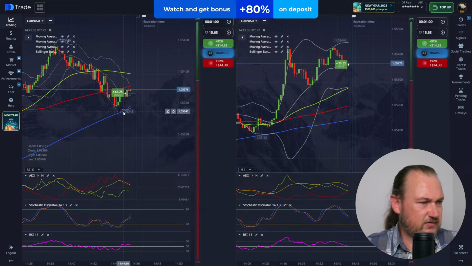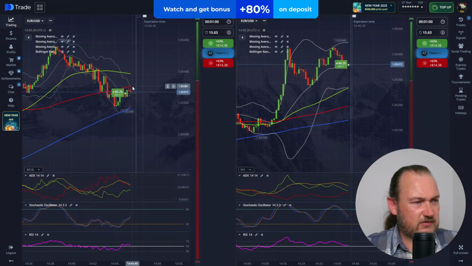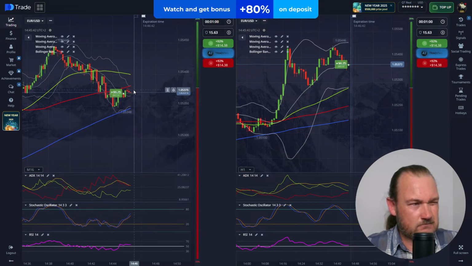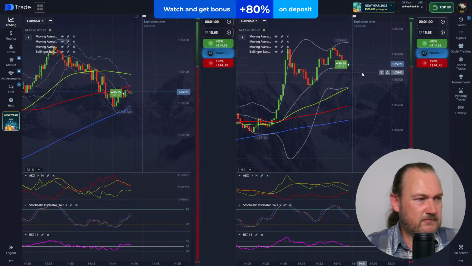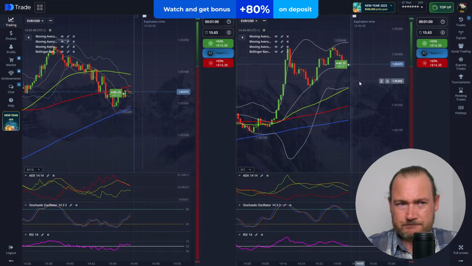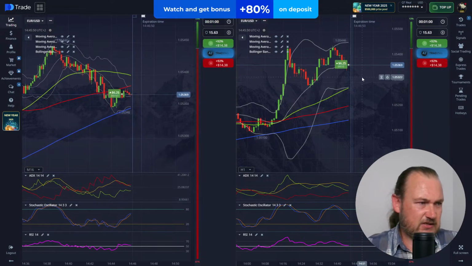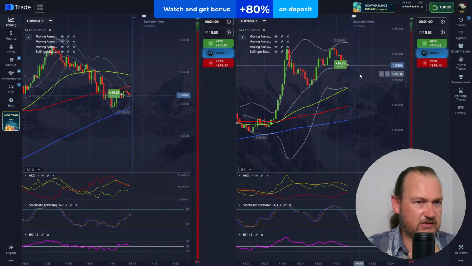Didn't quite make it to the 100 moving average. We are breaking through the middle line on the 10 seconds. This should hold, but anything can happen. There's no way to tell what the market is going to do. We just take our entries from our strategies, and that's it.